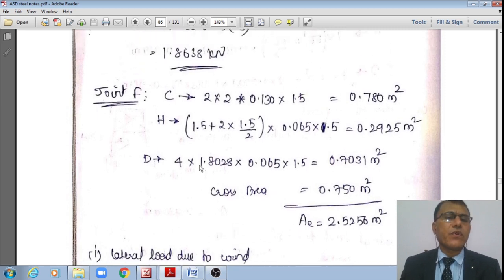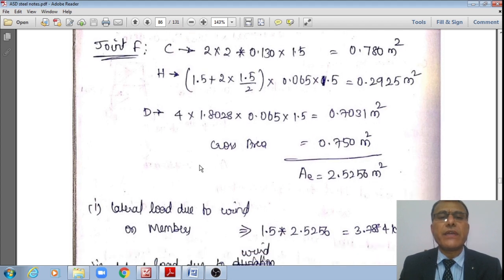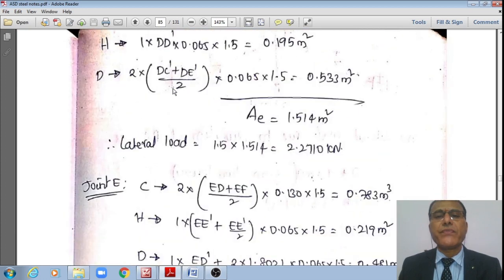Now, once I get all three types of forces at joint E, I'll move to joint F. There, the columns are two columns on 2 faces, each of 130 with 1.5, that works out to 0.78 as we have discussed, and the horizontals at F are equal to 1.5.